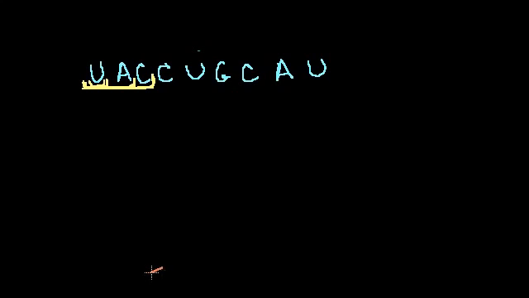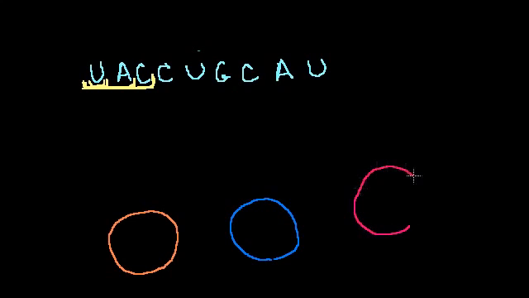So let's say I have some amino acid right here, and then I have another amino acid right here, and then I have another amino acid like that. They'll be attached to tRNA molecules.